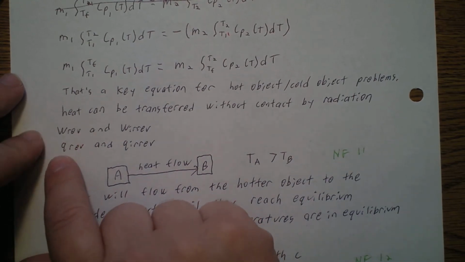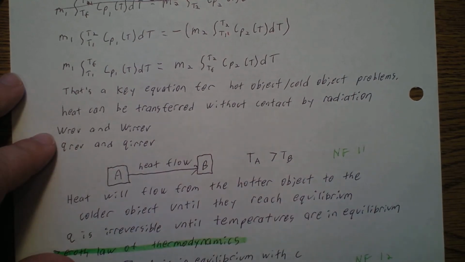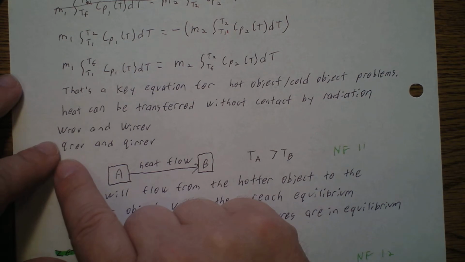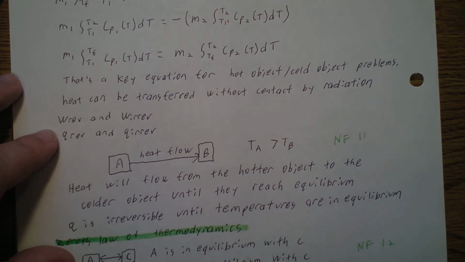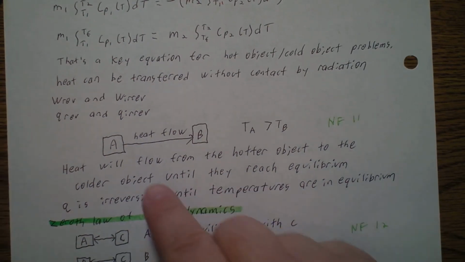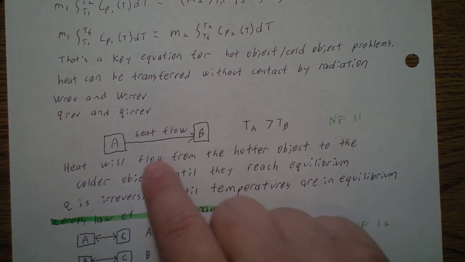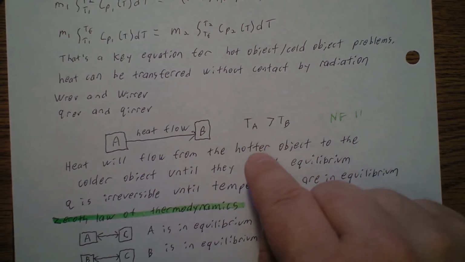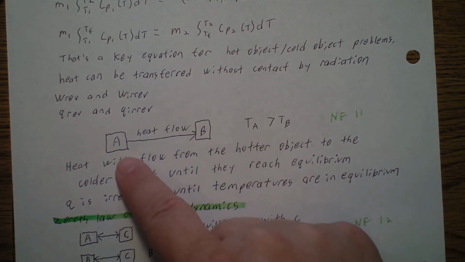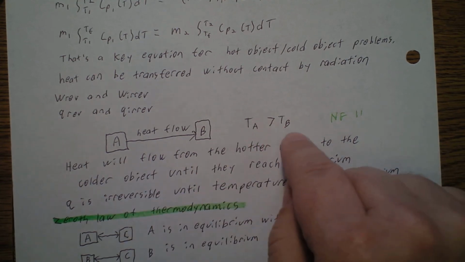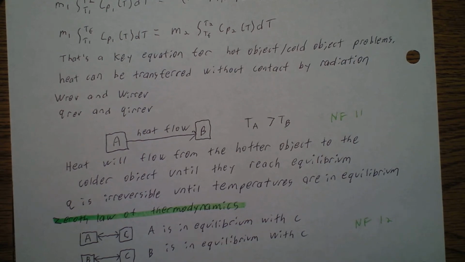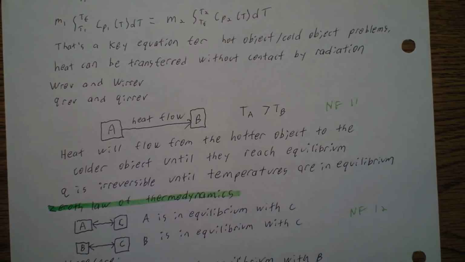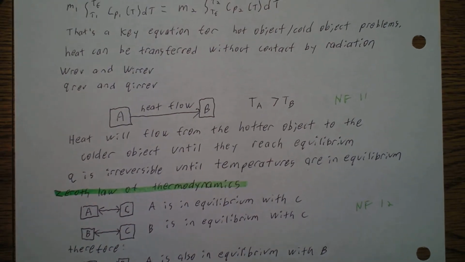So let's talk about work reversible and work irreversible, or there's also heat reversible and heat irreversible. Now let's say that we have an object A and an object B, and heat is flowing from object A to object B. Then we can say for a fact that the temperature of object A is higher than the temperature of object B, because I already mentioned before, temperature tells us the direction of spontaneous energy flow.